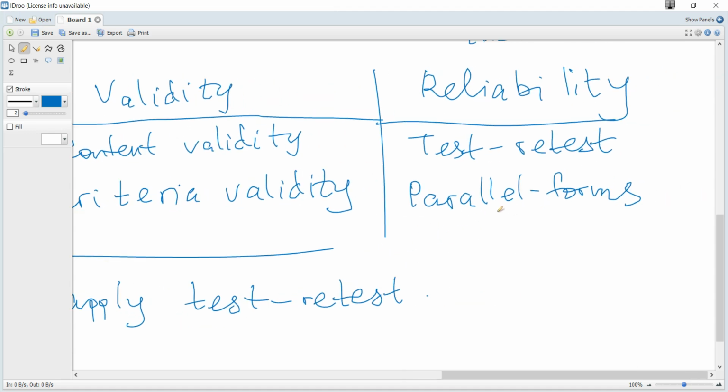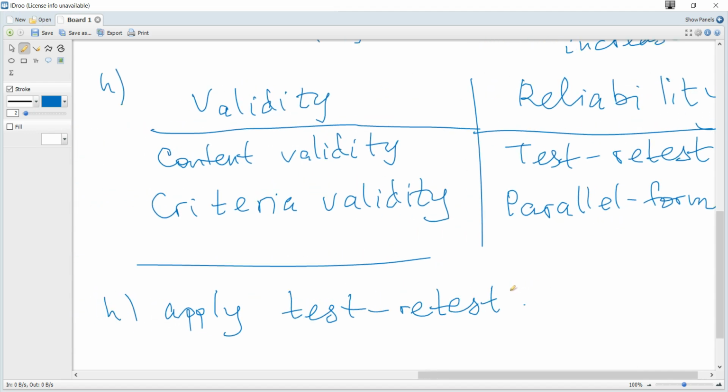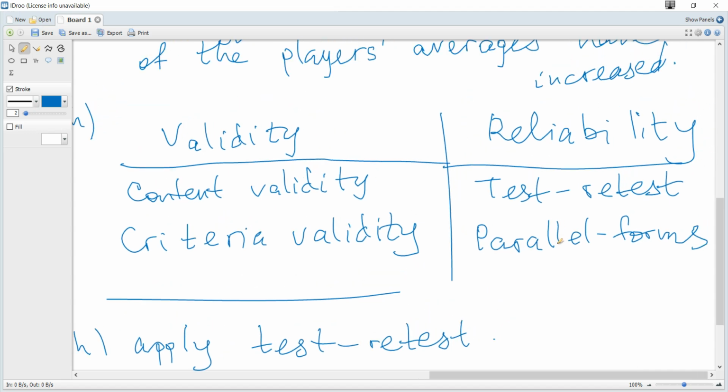It will be something like parallel forms. And again, if you don't know what to answer, if a question is about reliability, you may write apply test-retest, and that's all. And that's all for this question.